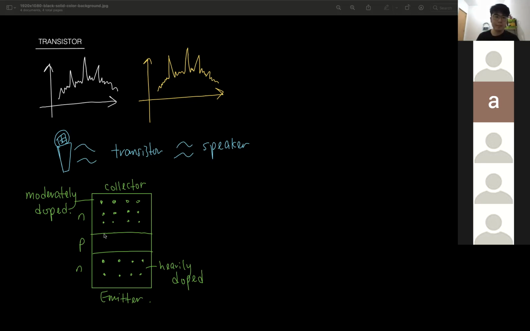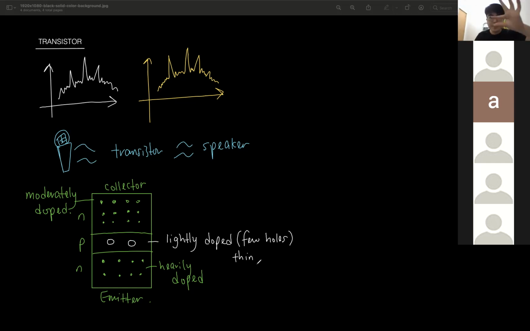Now in the middle, we have the P-type. P-type has more holes than electrons, right? But the P-type here is very lightly doped, meaning that it has only a few holes. And not only that, it is also very, very thin.